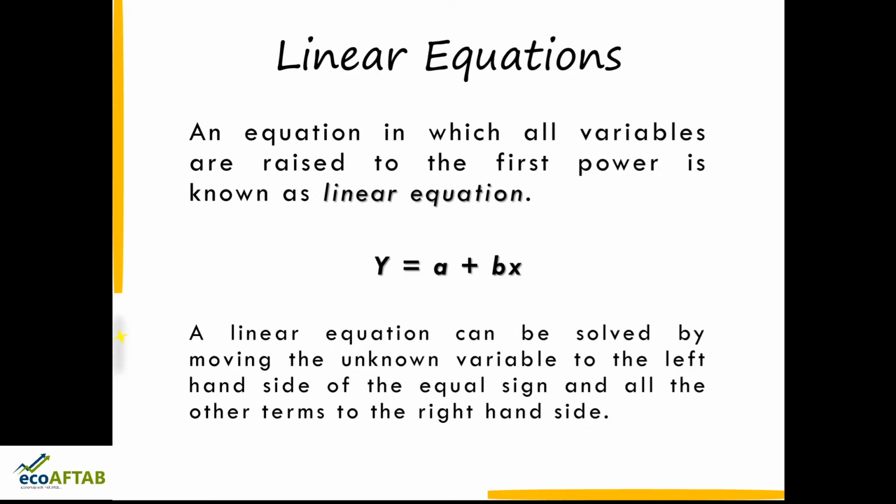Let us see with an example. Solving of linear equations. Example: if we have the equation 7x minus 6 is equal to x plus 12. Here there are two expressions which are set equal to each other. So friends, this is 7x minus 6 is equal to x plus 12.